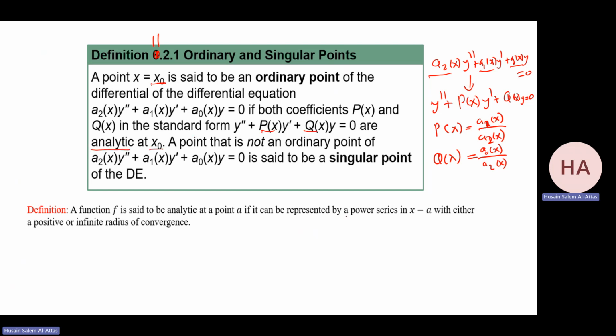They can be represented by a power series. They are differentiable many times, n times. I mean, you can find the first derivative, second derivative, third derivative, and so on. If they are analytic, we call this point an ordinary point. If they are not analytic, then we call it a singular point.